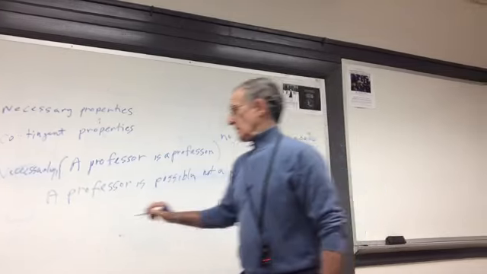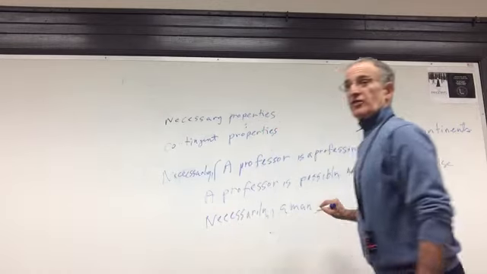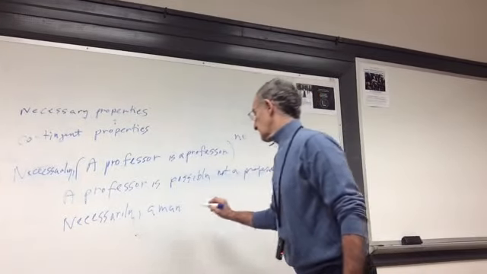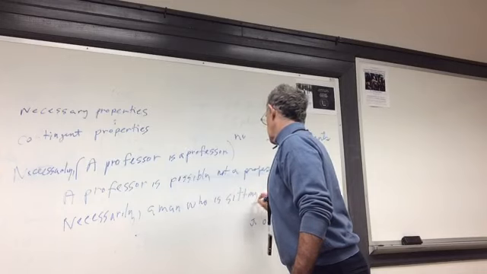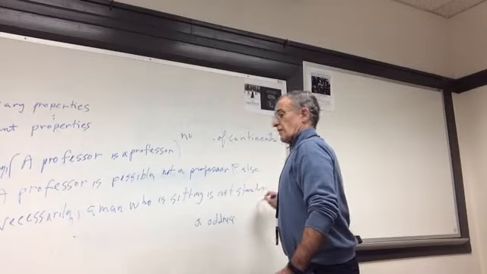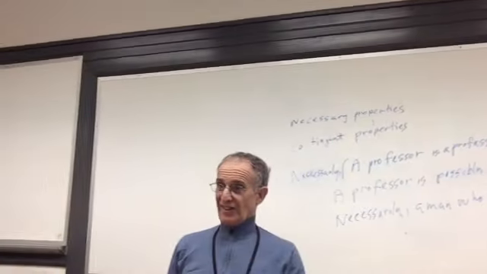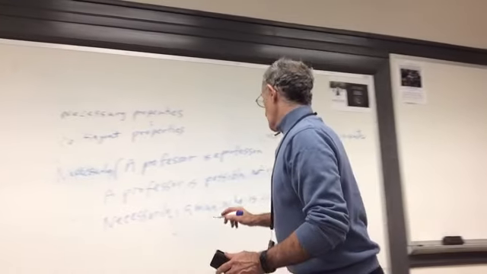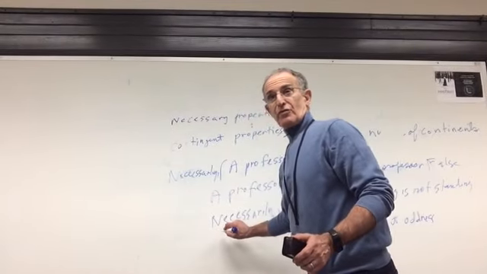Another example. Necessarily, a man who is sitting is not standing. It's a necessary truth that if I'm sitting, then I'm not standing. And vice versa, it's a necessary truth that if I'm standing, I'm not sitting. But a man who is sitting is possibly standing is true.